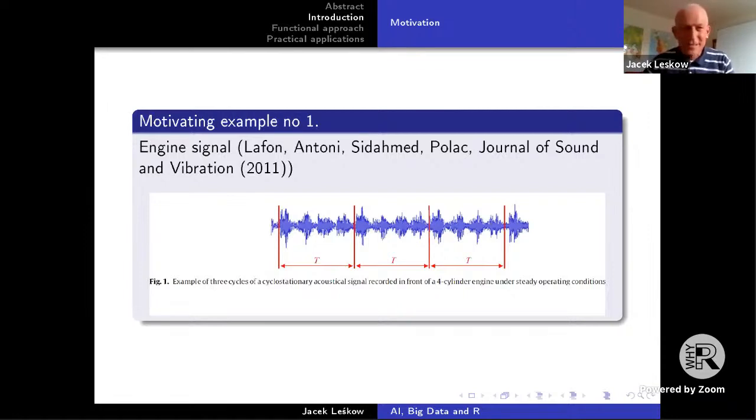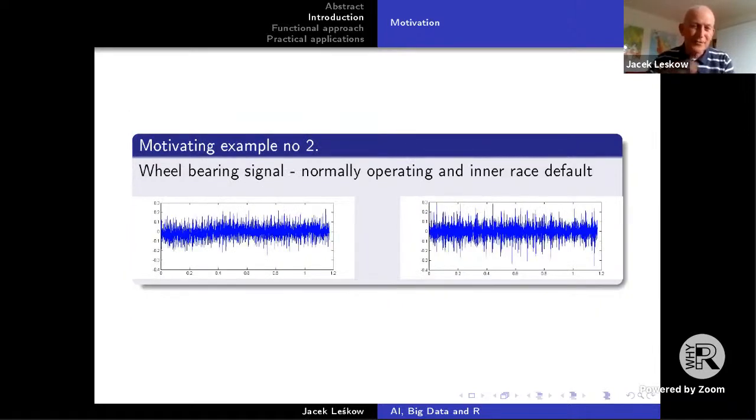The signal we were analyzing was the engine signal that you see here. A crucial part when analyzing the reliability of a mechanical system is the acceleration of the wheel bearing.